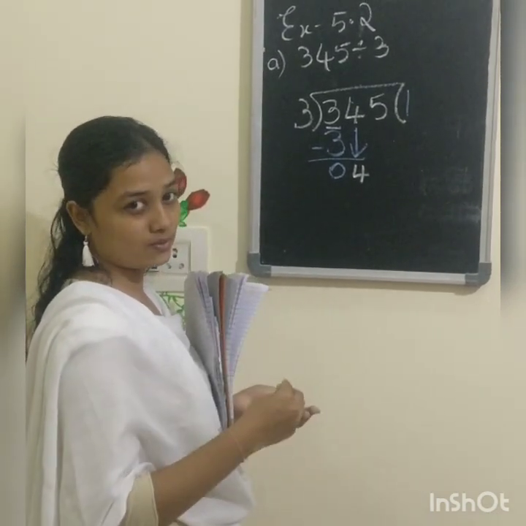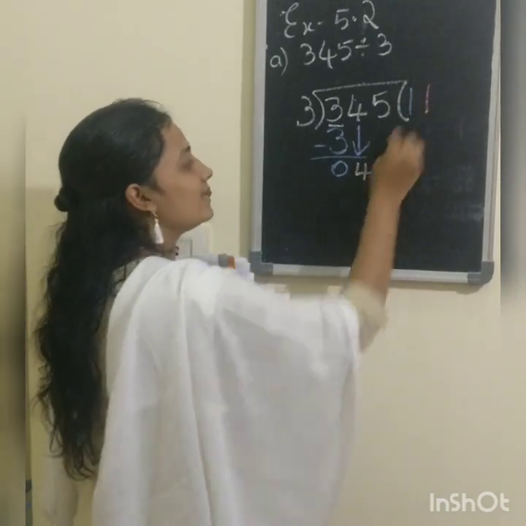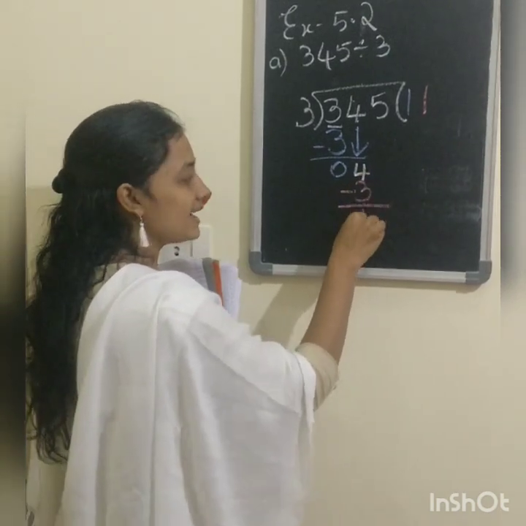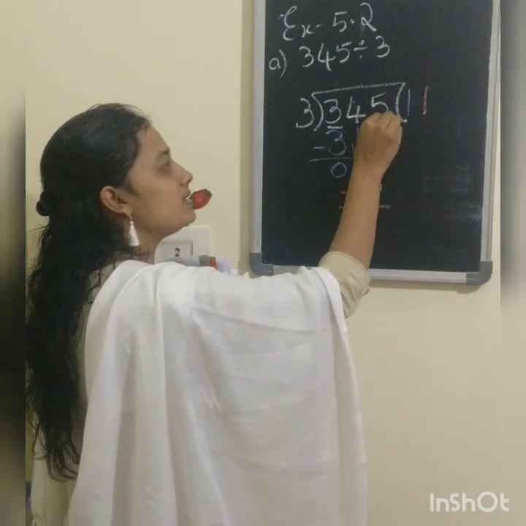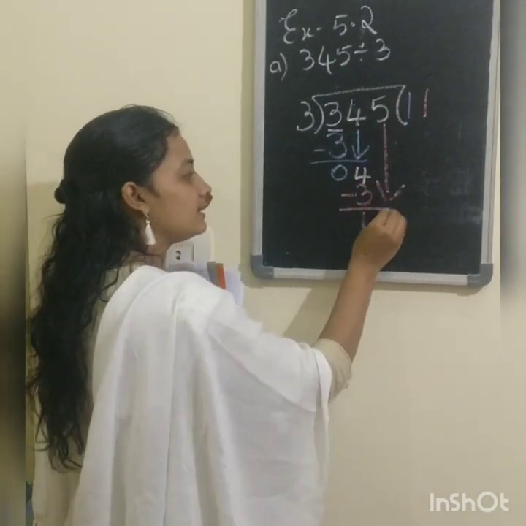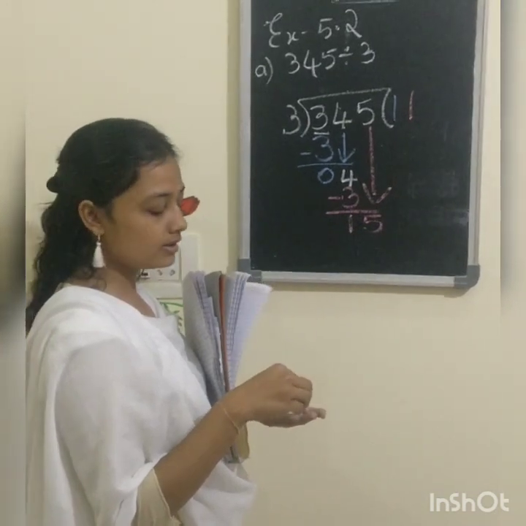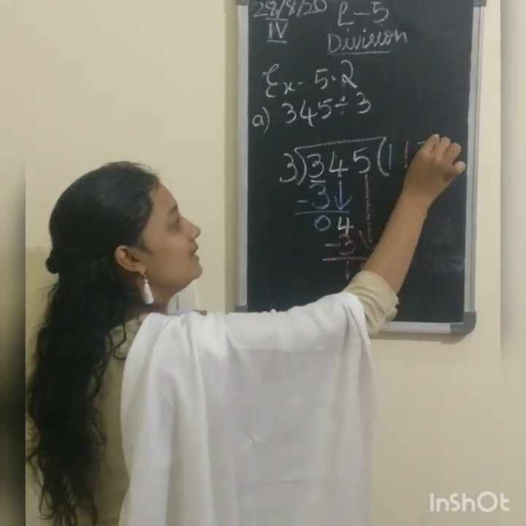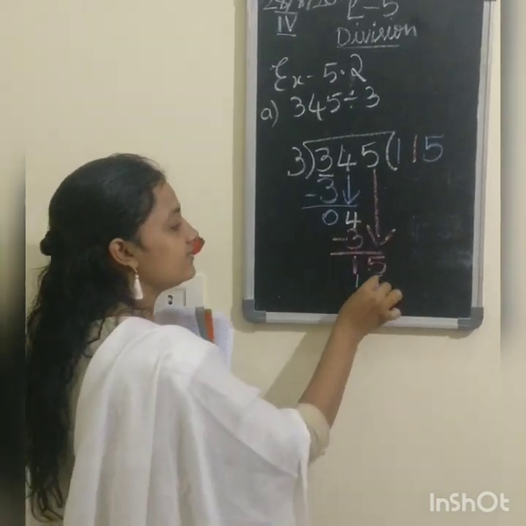So which number should I take? Less than 4. That is 3. So I get 3 ones are 3 again. Now subtract this, I get answer 1. That is remainder. Now I am going to bring the next number down. That is 15 now. Do I get 15 in 3 tables? Yes, I get 15. How many times should I multiply? 5 times. 3 5s are is 15.